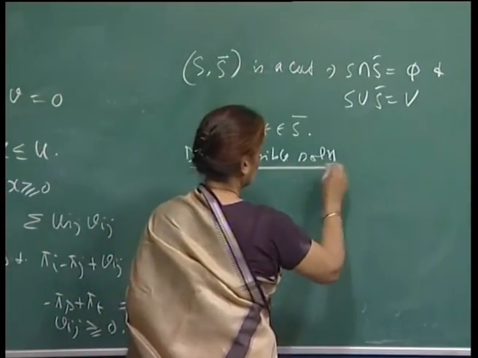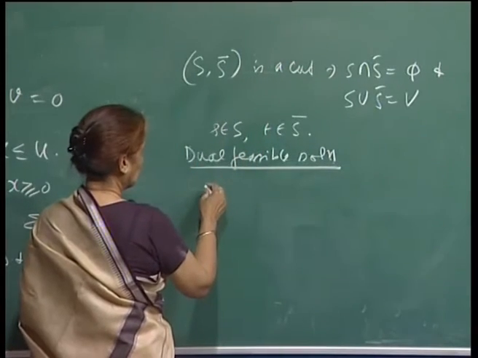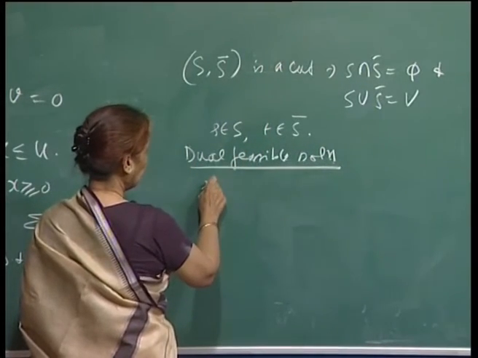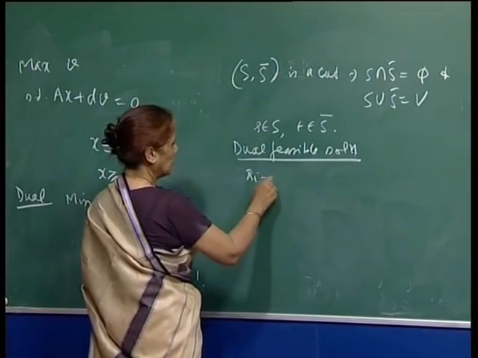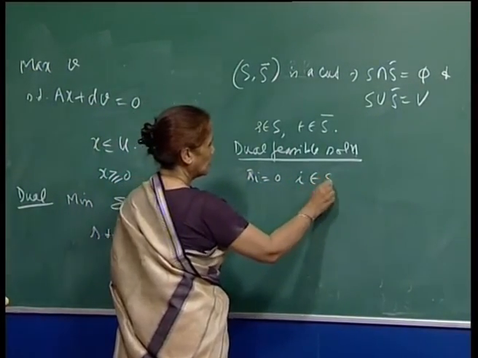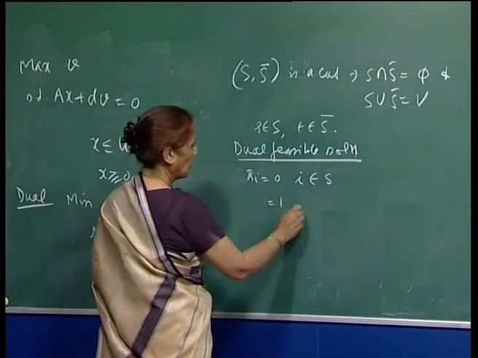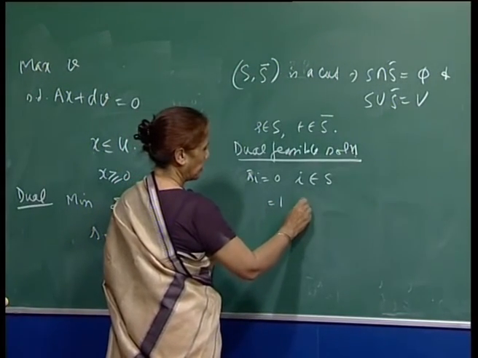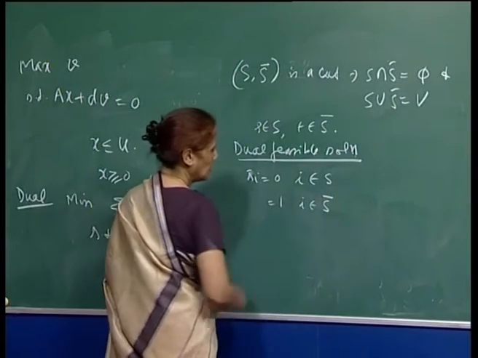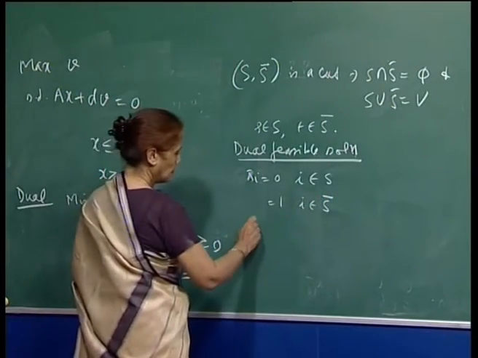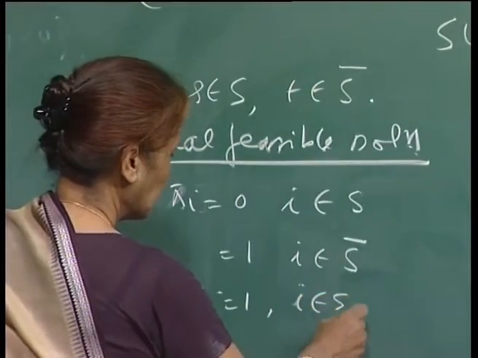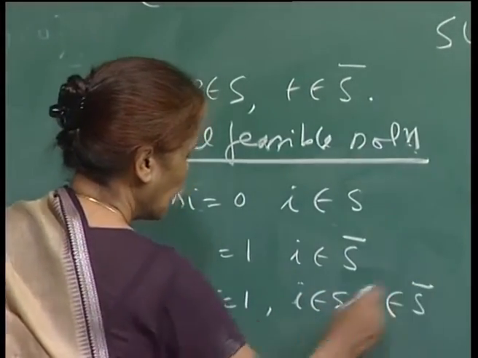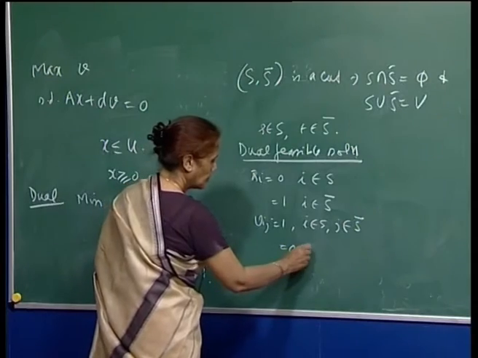Dual feasible solution where I say that pi i is 0 if i belongs to S, and is equal to 1 if i belongs to S bar, and Vij is 1 if i belongs to S and j belongs to S bar, 0 otherwise.